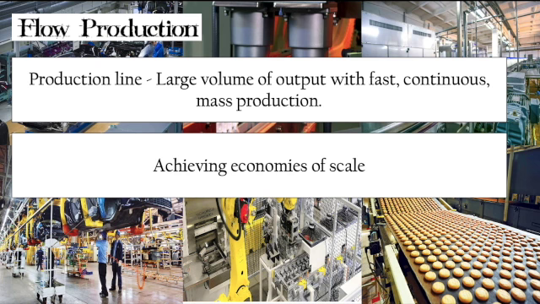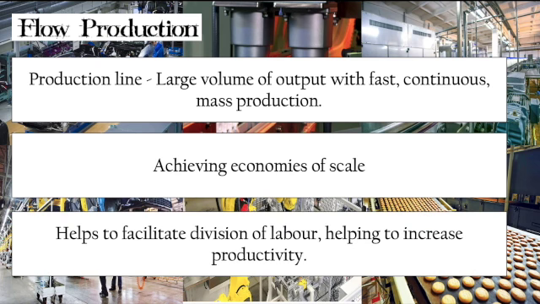Also, with regards to the benefits of flow production, it helps to facilitate division of labour, which again helps to increase productivity. So it's not just the capital that helps to increase productivity, but also their use of labour. The labour will probably be at a certain stage in the assembly line, focusing on using the equipment and machinery, making sure it continuously goes through the production line.